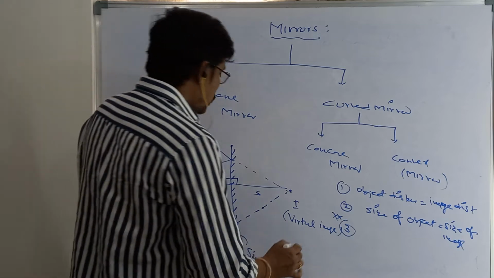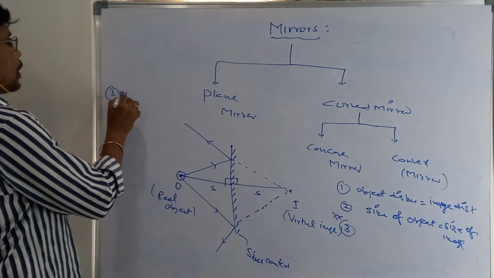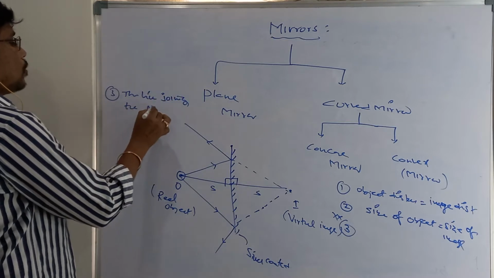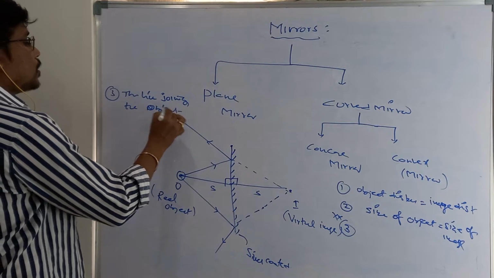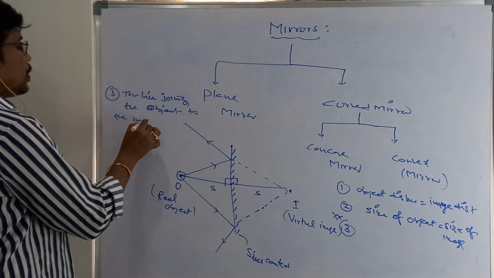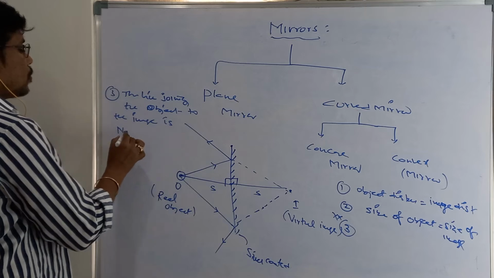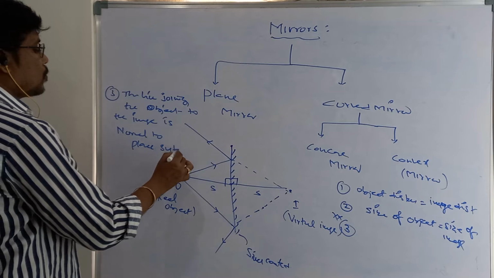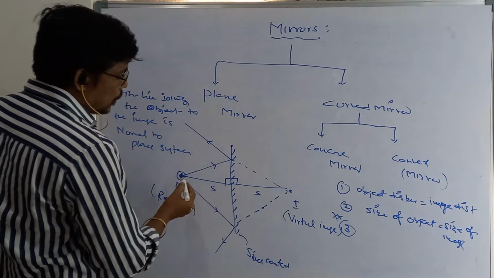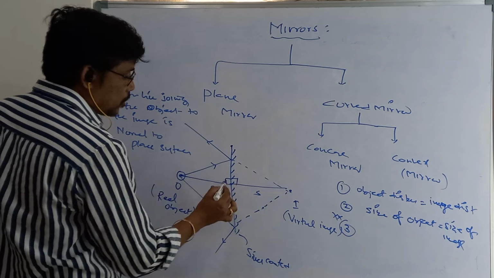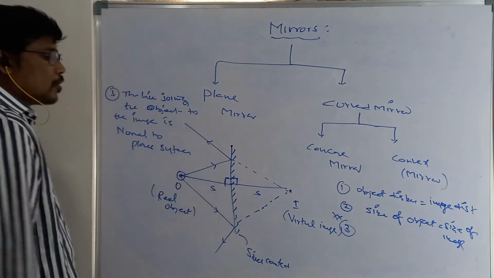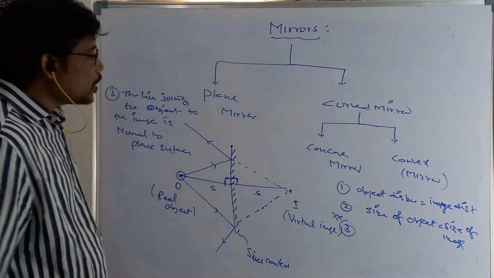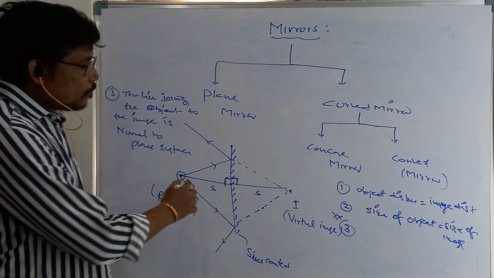I am writing here the third point: the line joining the object to the image is normal to the plane surface. When I draw the line between the object and the image, it should always be normal. So this is the formation of images in a plane mirror.